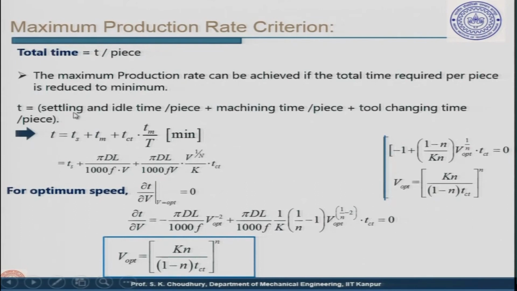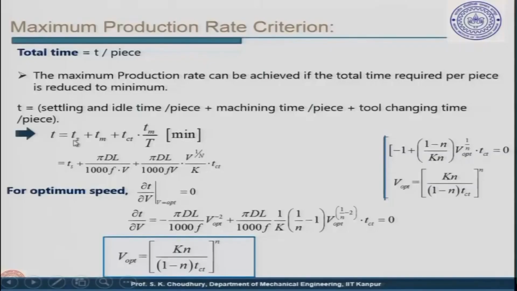That is, we are settling and some idle time for each piece. For machining the part we need some time, so that is the machining time per piece, and the tool changing time per piece, that means how many times you are changing the tool and for each time how much you are paying, as I have shown it. But overall this is the tool changing time, how much time we are spending.